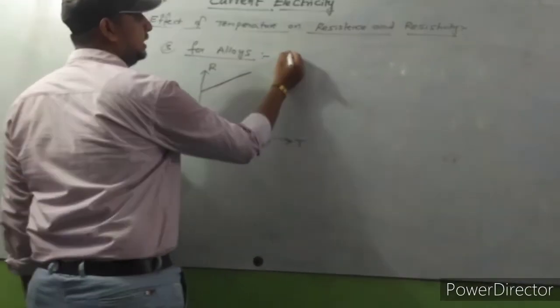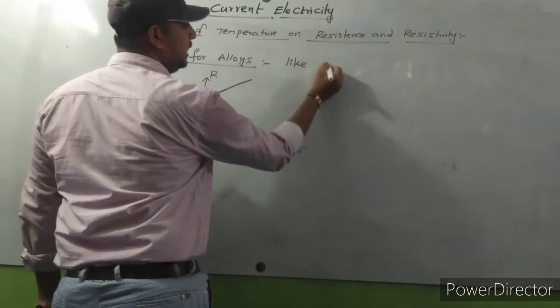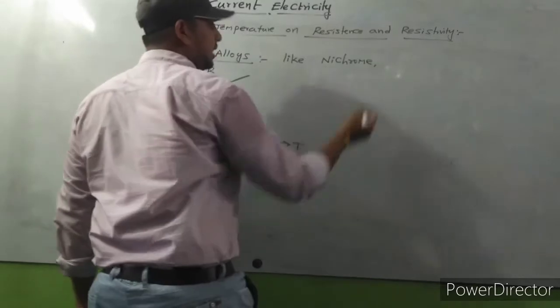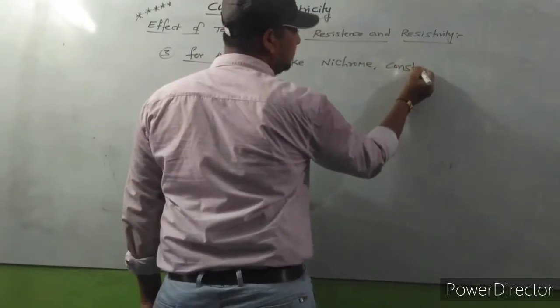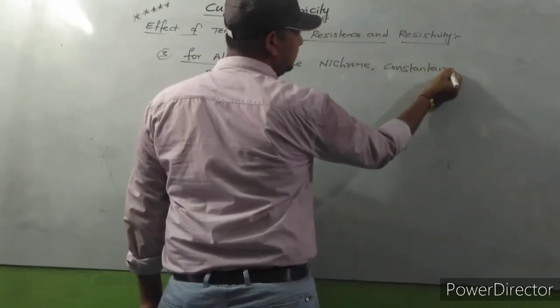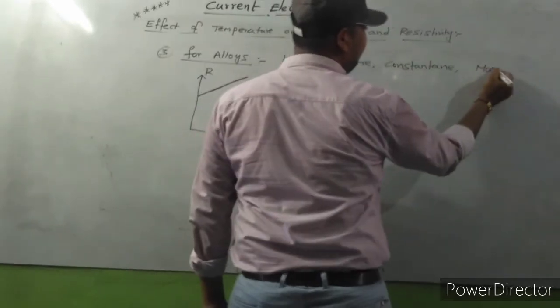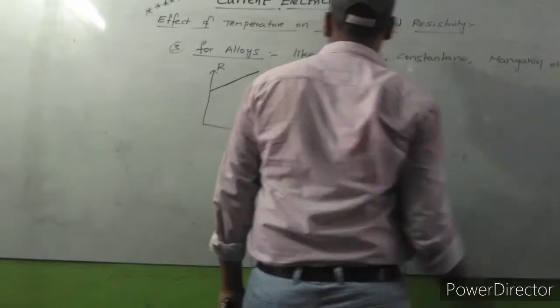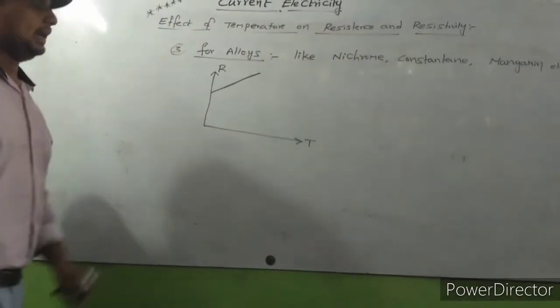For alloys like nichrome, constantan, manganese, etc. Okay. So for alloys, this is the graph.